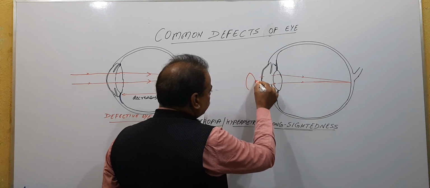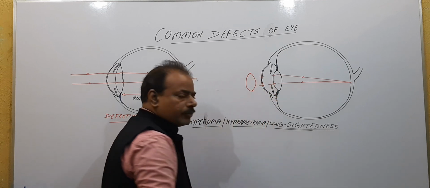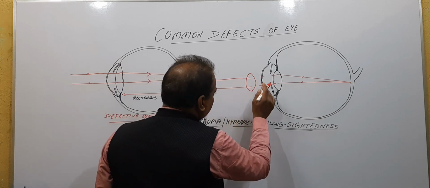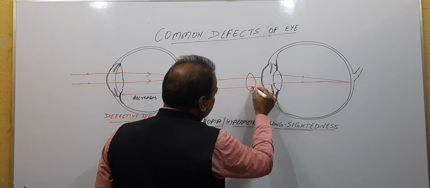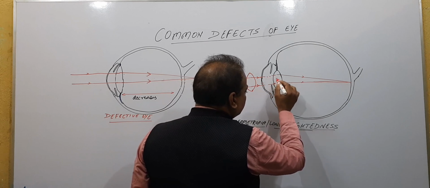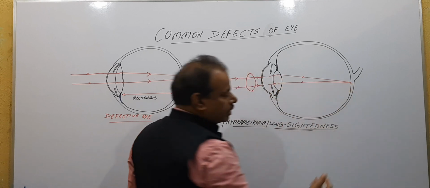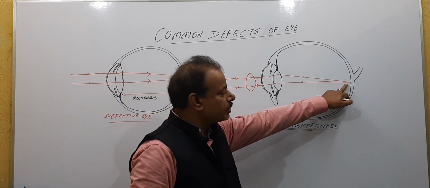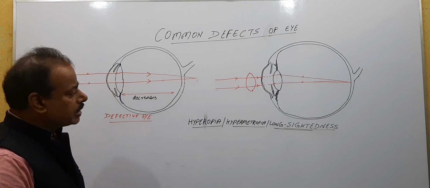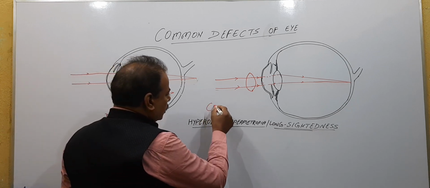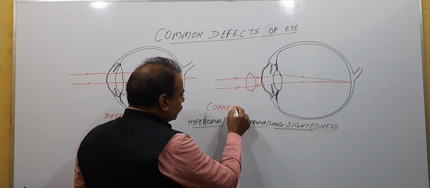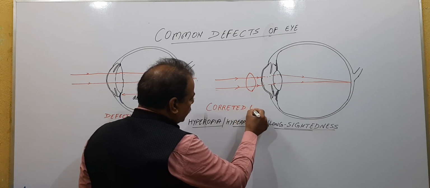For it, a convex lens is used so that when light reaches, at first it converges, and again from the eye lens, secondly it converges and falls on the retina or yellow spot, and here image formation takes place, and the person can see near objects as well. It is a corrected eye.